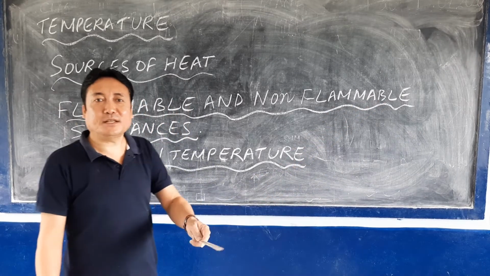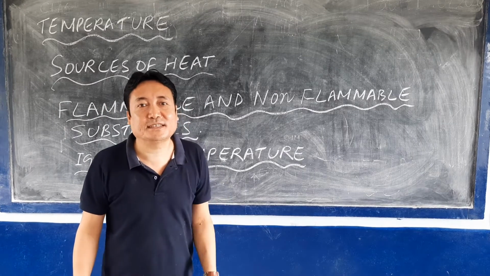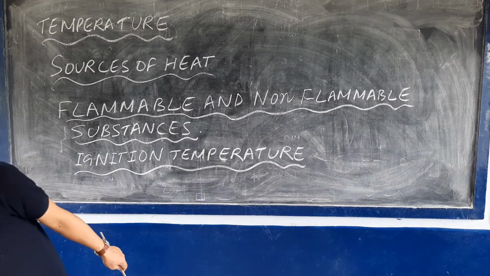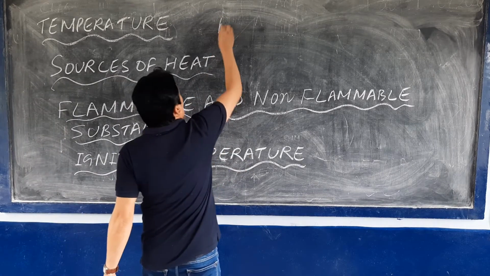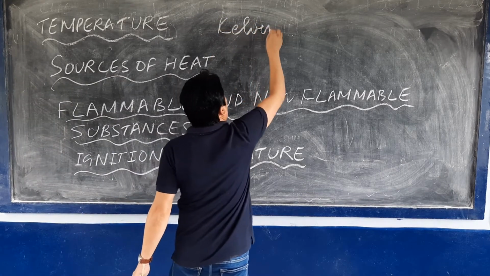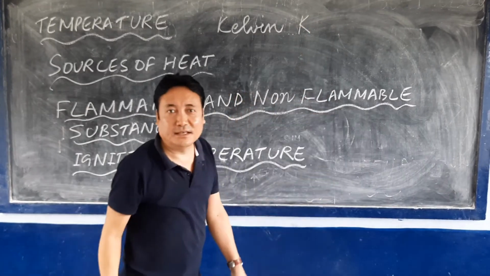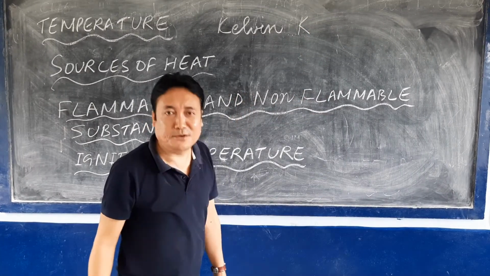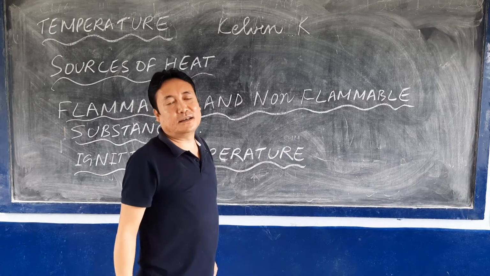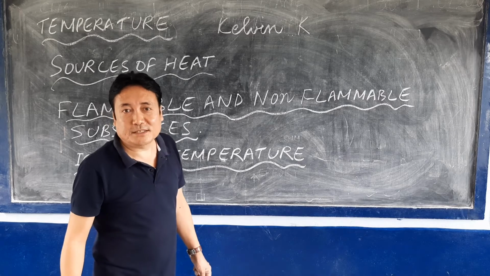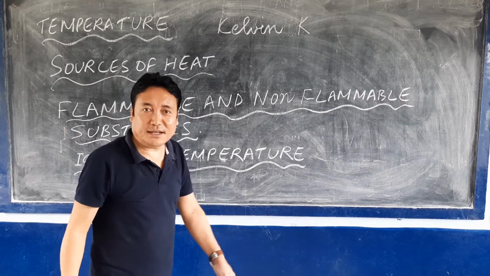The SI unit of temperature is Kelvin. It is symbolically written as capital K, not small k. I already explained in class 6 why unit symbols are written in small letters or capital letters.